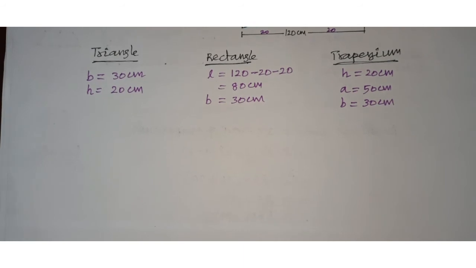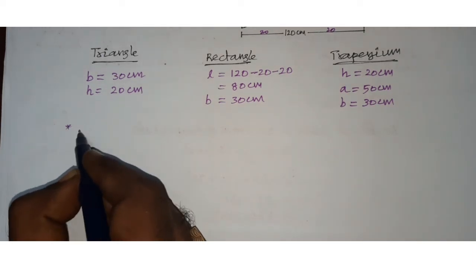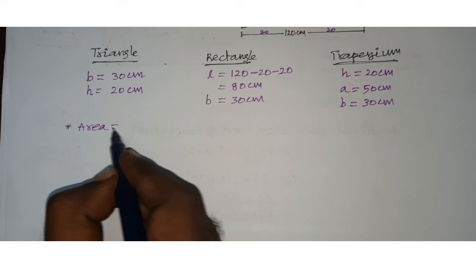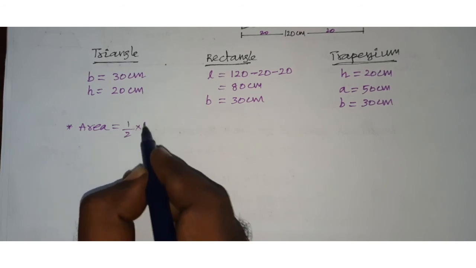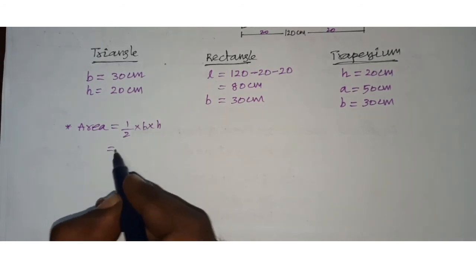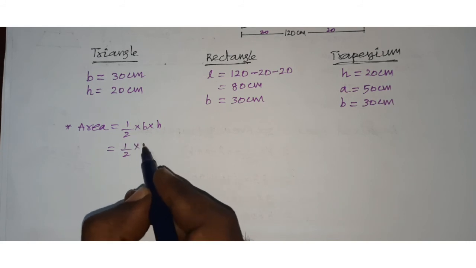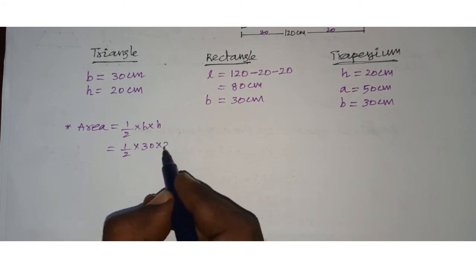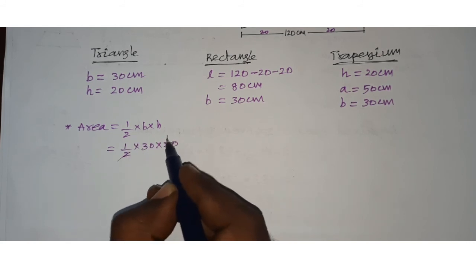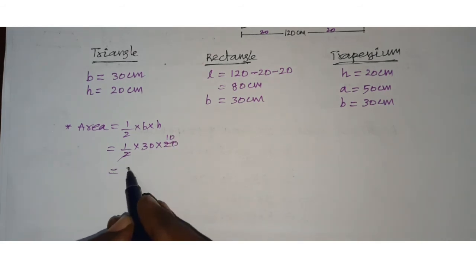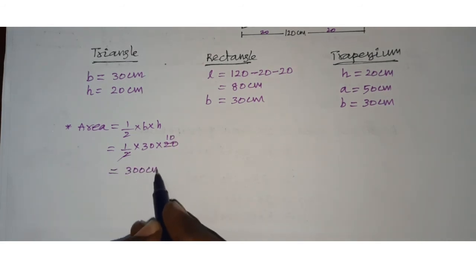So, now let us separately find each area. First, the area of the triangle. Here area equal to half into base into height. So 1 by 2 into base 30 into height 20. So 2 ones are 2, 2 tens are 20, so 30 into 10, 300 centimeter square.